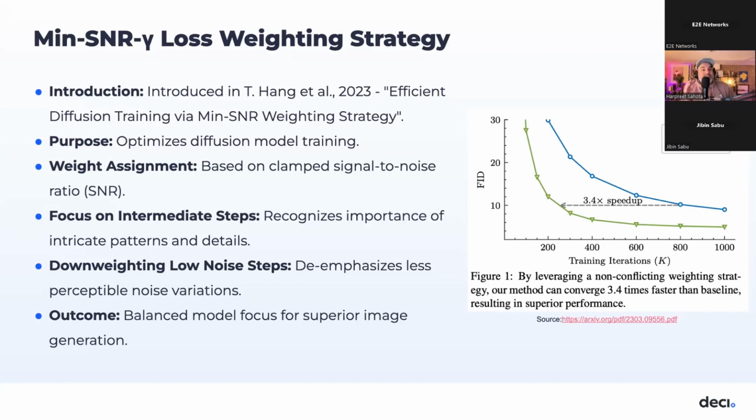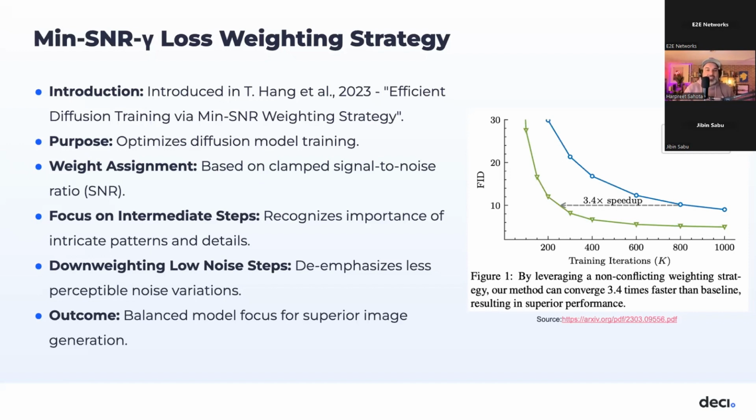So essentially what the strategy is doing is it's recognizing that not all time steps in the diffusion process are equally challenging or critical to the final image generation. And so there's these intermediate steps. And in these intermediate steps, this is where there's a lot more intricate patterns or subtle details.